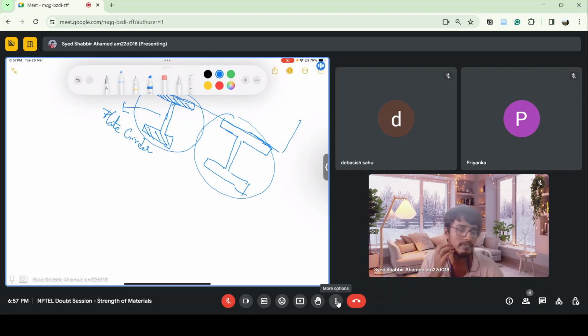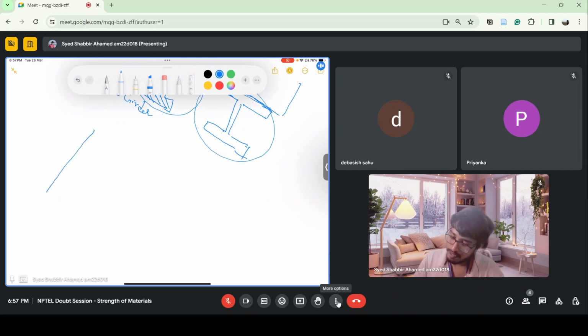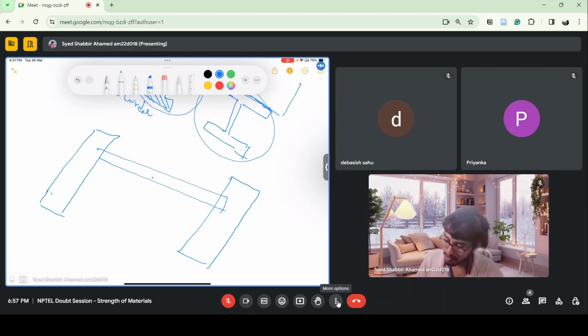And also you might have seen cranes, right? In some godowns or something, there will be cranes. There will be two beams, and there is also one beam and there is some crane, and this can be moved, and it can move from here to here.